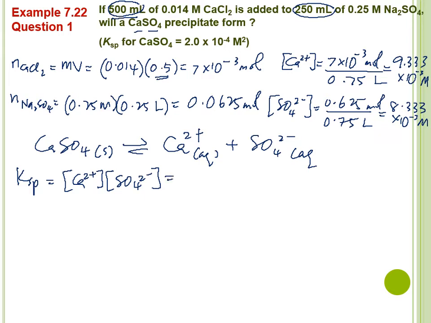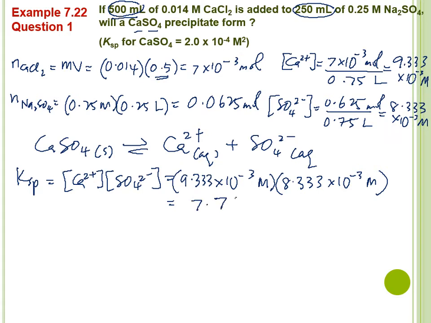For calcium, it is 9.333 times 10 to the power negative 3 molar, multiplied by 8.333 times 10 to the power negative 3 molar. And this will give you 7.7457 times 10 to the power of negative 4 molar squared.